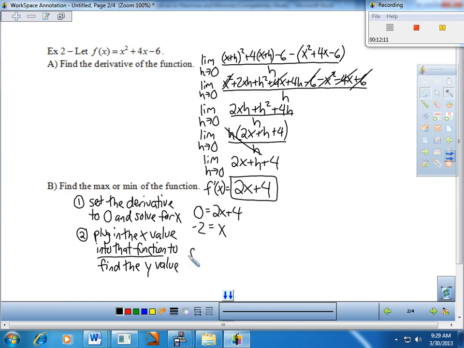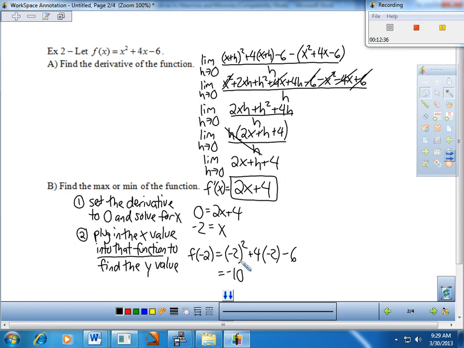Now, guys, step 2 is saying, all right, that's my x value. And so it goes back in, and I do negative 2 squared plus 4 times negative 2 and minus 6. And if you go ahead and do this on the calculator, it looks like I get a 4 minus the 8 minus the 6. And so I'm seeing that as negative 10.